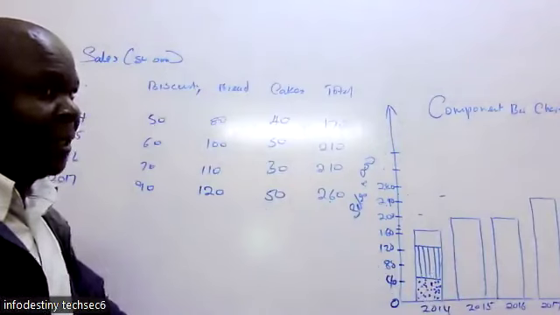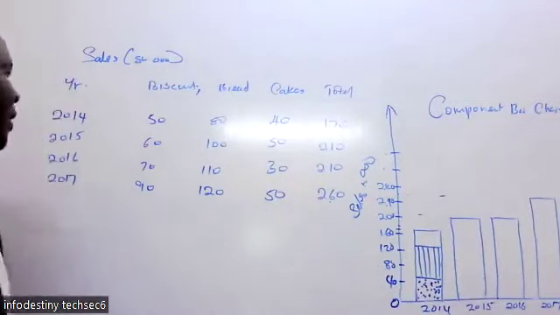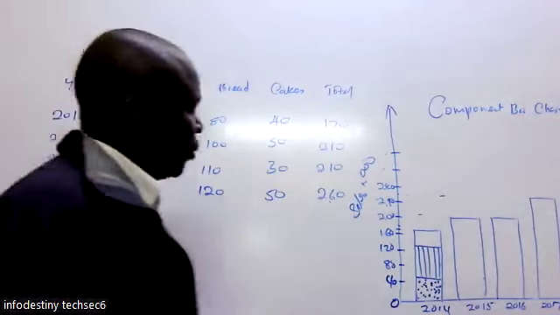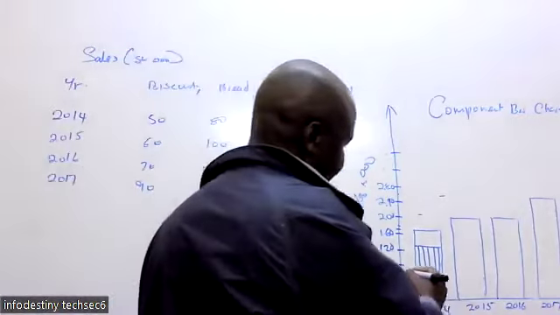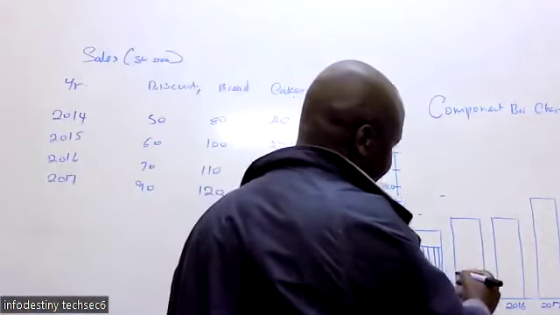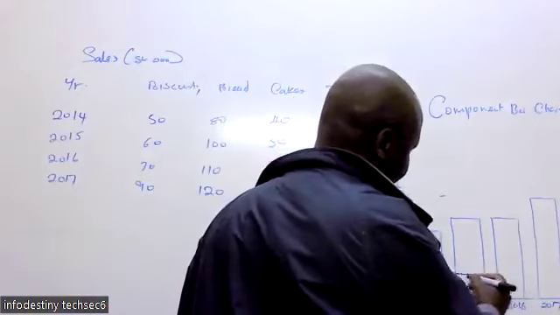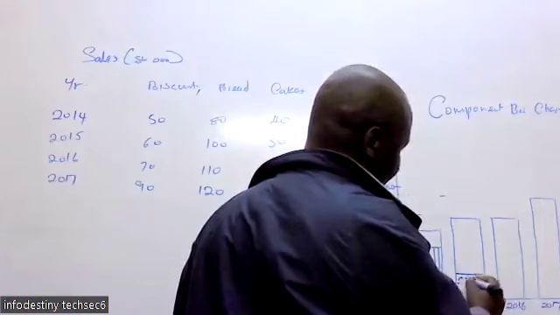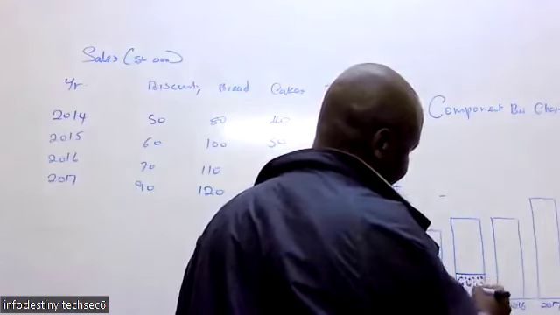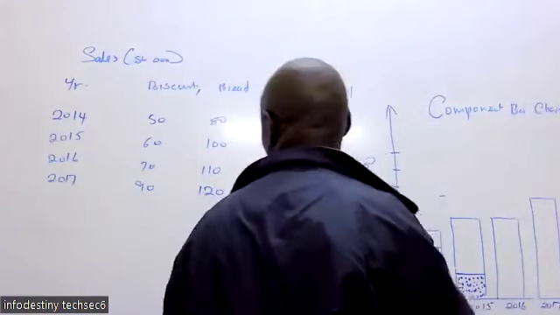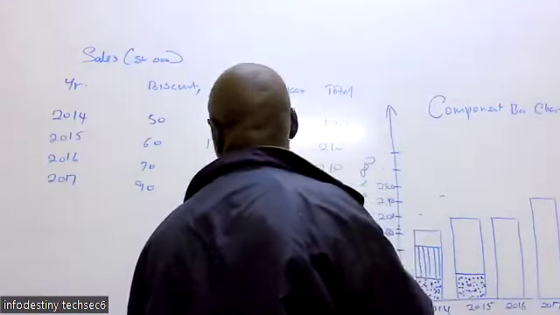We are together. Now we come to 2015. The first is going to be 60. That's for biscuits. So we go up to 60. 60 is in between. Yeah. It's going to be dotted. The second one is 60 plus 100.